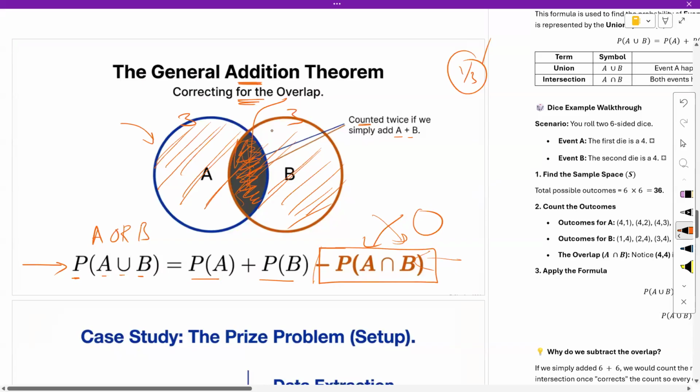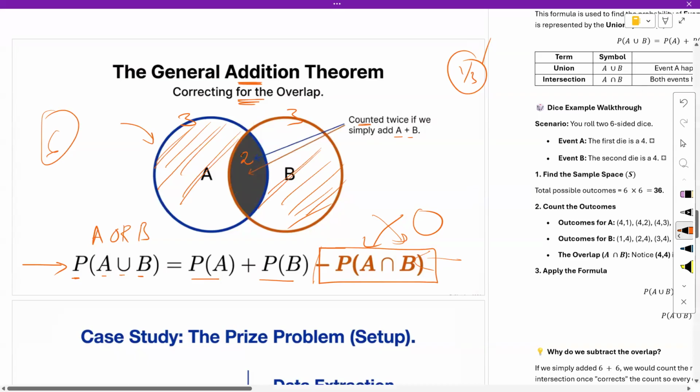Then A plus B equals what? 6. But it cannot be 6. We can't say 6. You see, there is some intersection area, for example 2.